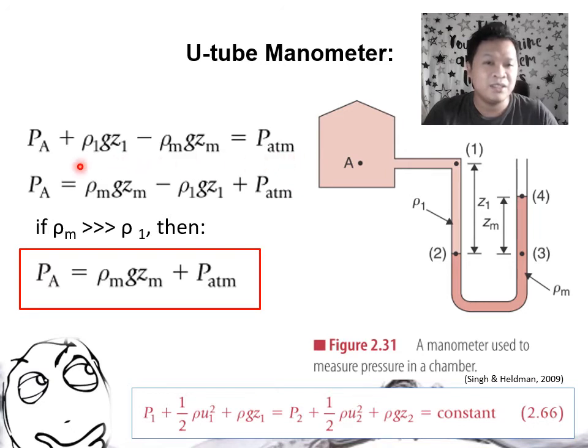Okay, so collapsing this equation with this assumption, if you have a pressurized vessel here at point A, the pressure at A will then be equal to the density of mercury multiplied by your g, and then Zm, which is the difference in the height of the manometer fluid, plus the atmospheric pressure at point 4, which is open to the atmosphere.